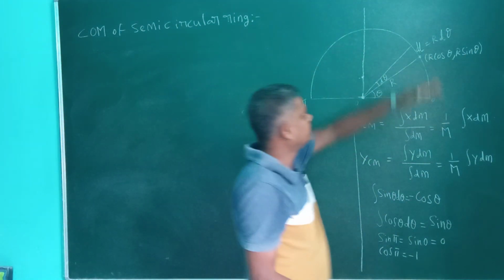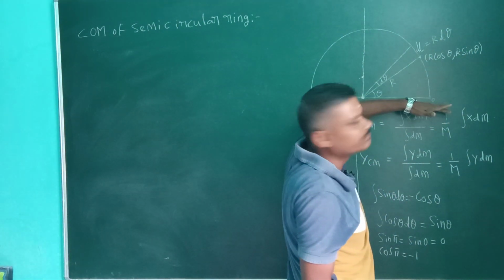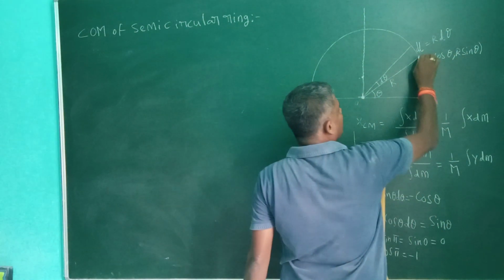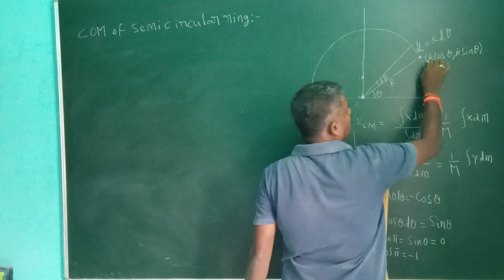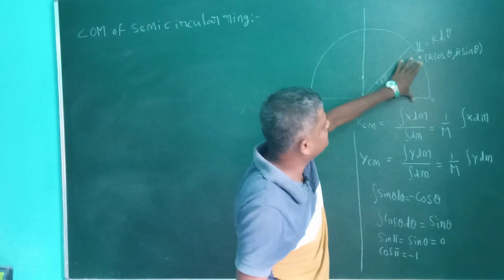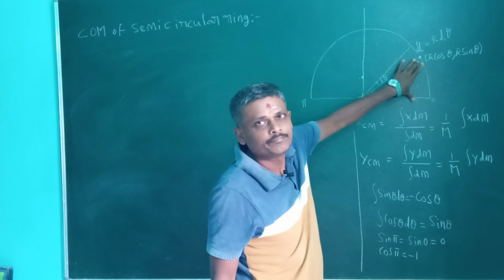Let the radius make an angle theta with the horizontal. Then the coordinates of the element are r cos theta and r sin theta. This value is r cos theta and this value is r sin theta.